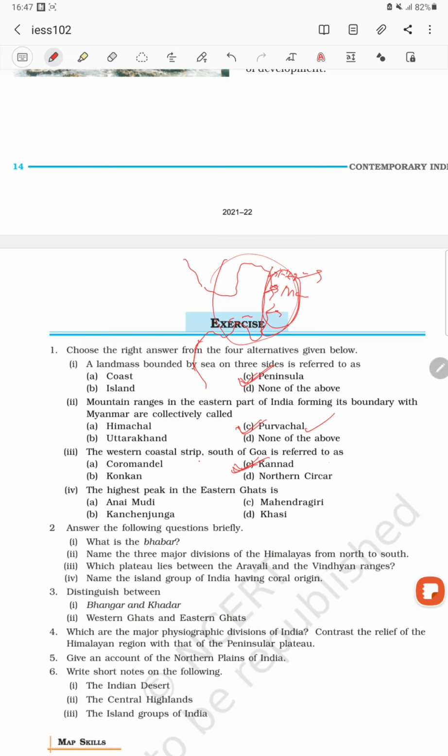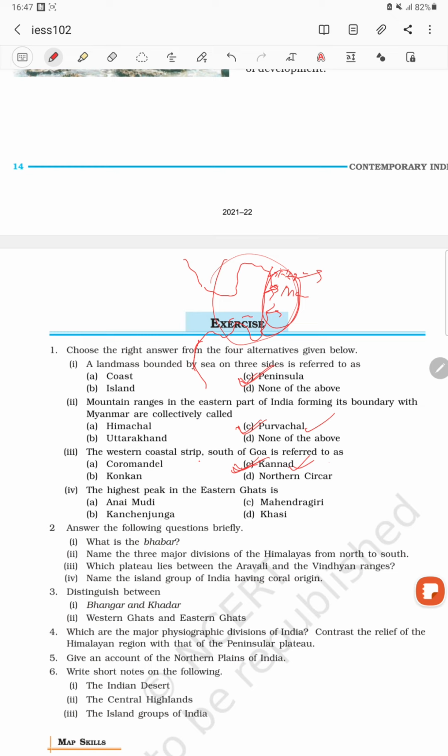The western part is stretching from where? Goa to south of Goa. Is it Goa to where? Mangaluru. Clear? That is Karnad, in the center part of that. It is found between the Konkan and Malabar coast. Clear?